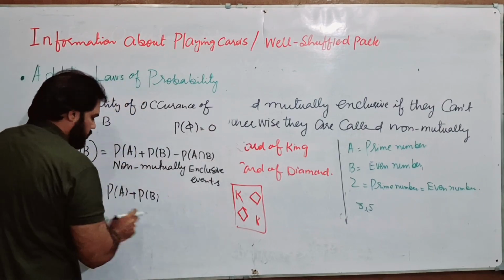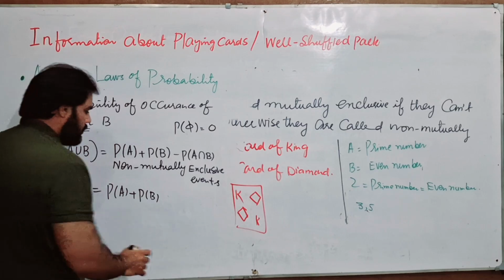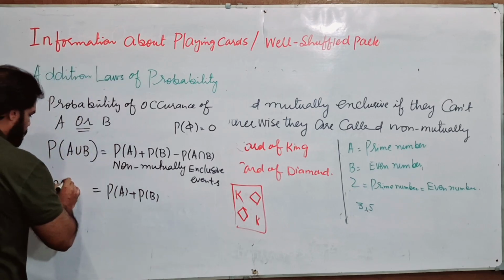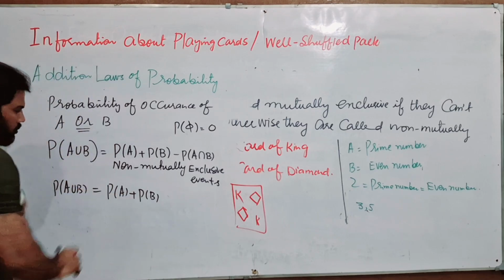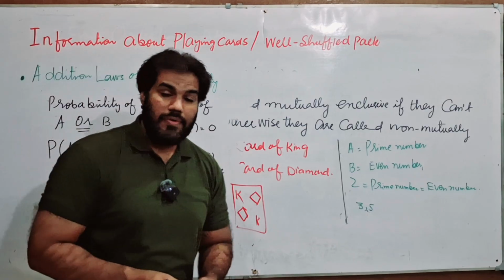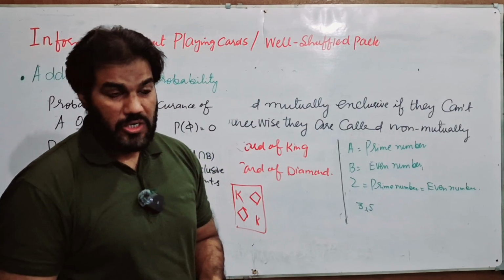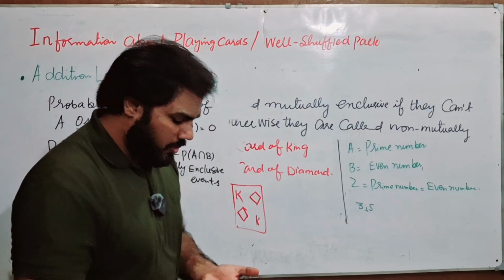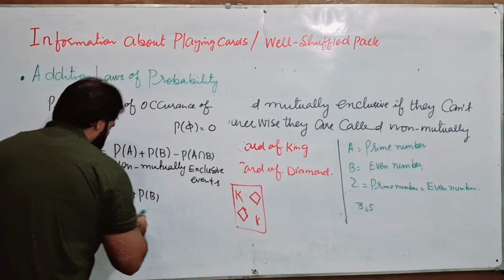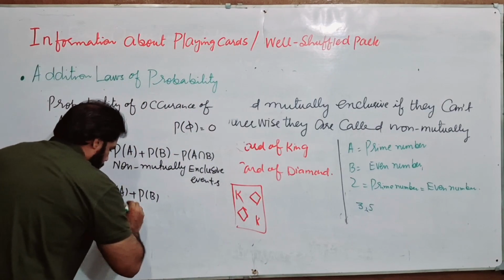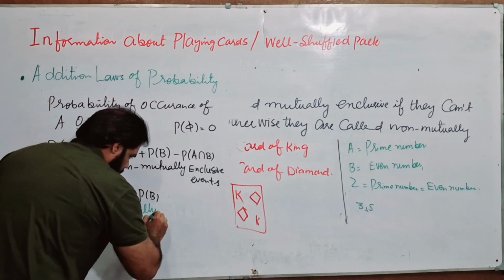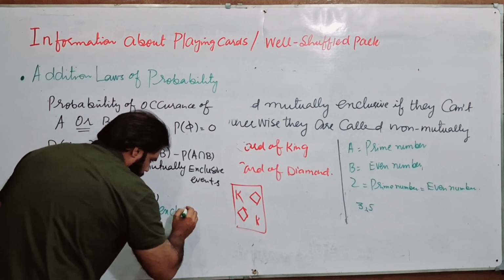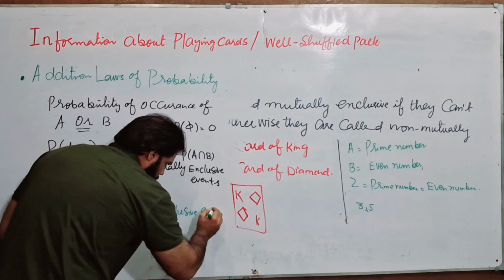Now the formula becomes probability of A plus probability of B. So probability of A union B is equal to probability of A plus probability of B when A and B are disjoint. When A and B are disjoint, they have no common elements, no common properties. It means in this case, A and B are mutually exclusive events.